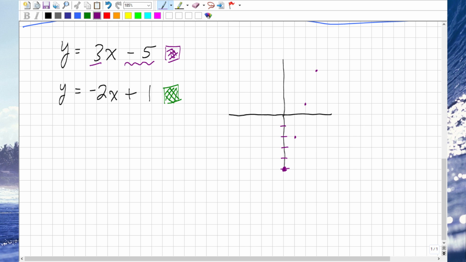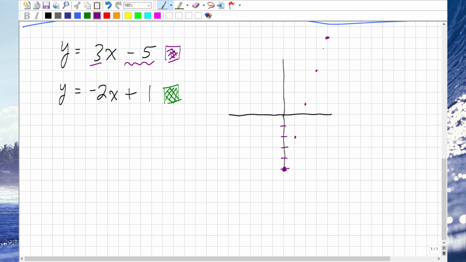Then we use the slope of 3 to find out where we're going. Slope of 3 means we go up 3 and then to the right 1. So we go up 3 to the right 1, up 3 to the right 1, up 3 to the right 1. So we make a dot right there.